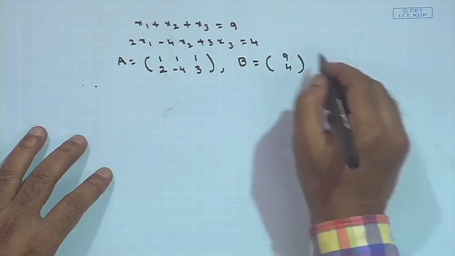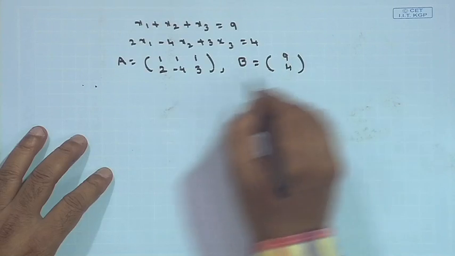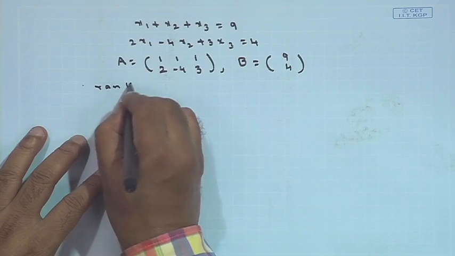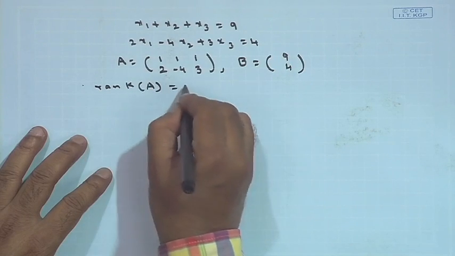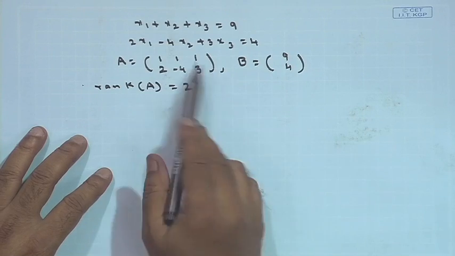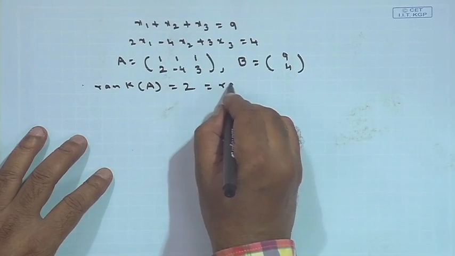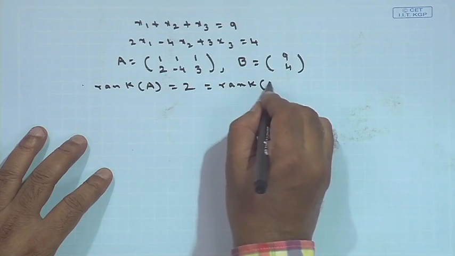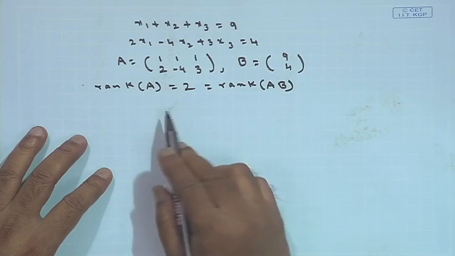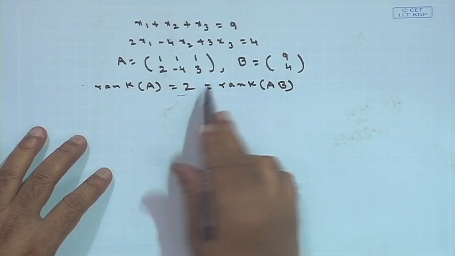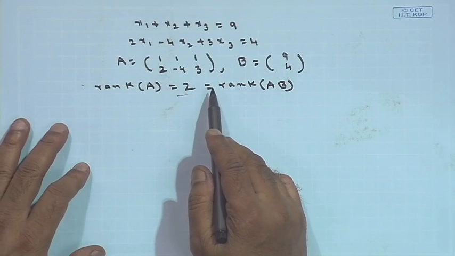If you find the rank of this matrix A, the rank of A will be 2; I am leaving that for you, you just check it, very easy. Rank of A equals rank of A B also, which equals 2.